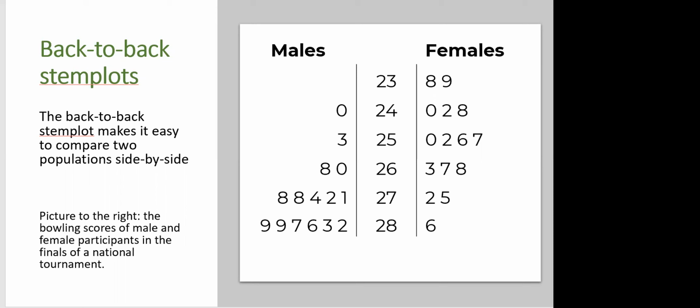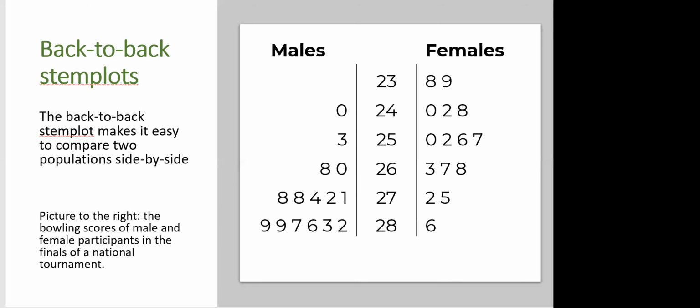The males' scores, the majority of them, are towards the bottom of the chart, around stems 27 and 28. So I think the average is going to be somewhere in this vicinity for males, and for females about here. So very good for comparison.